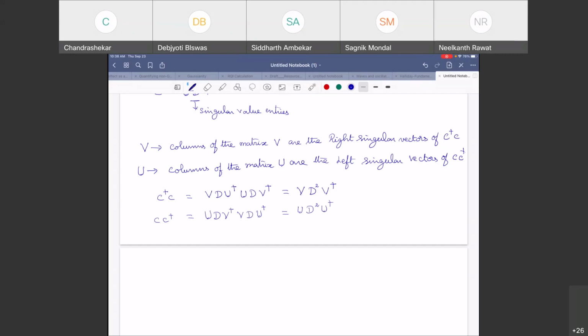Okay. So we have finished the proof of the singular value decomposition.